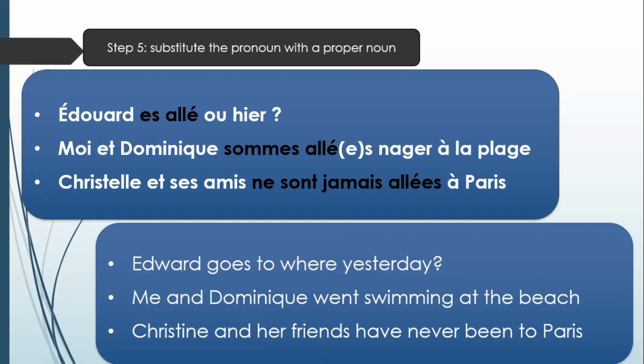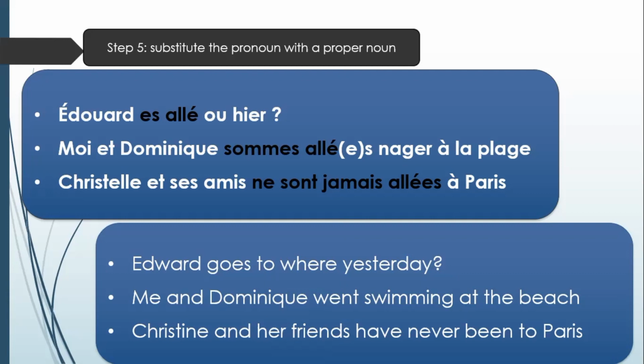But in French, when we have two genders, we prefer to choose the male gender above the female. So we will not have the E there. And if it is Samuel that is saying that he and Dominic went swimming at the beach, we don't even need the appearance of this E at all. Do you understand? Oui, ma'am.